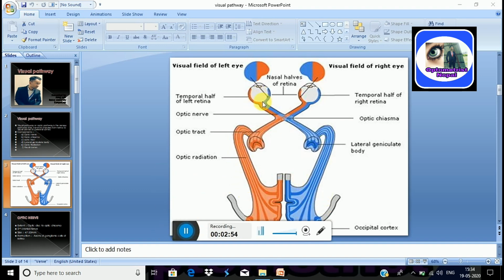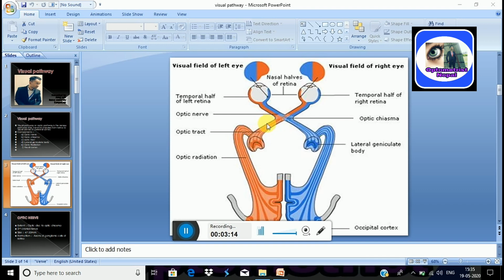You can see here, from the optic disc to the optic chiasma, this is called the optic nerve. From the optic chiasma to the lateral geniculate body, this is the optic tract.